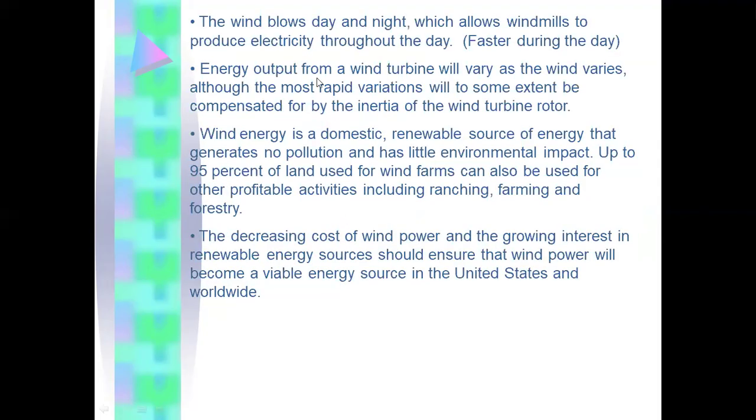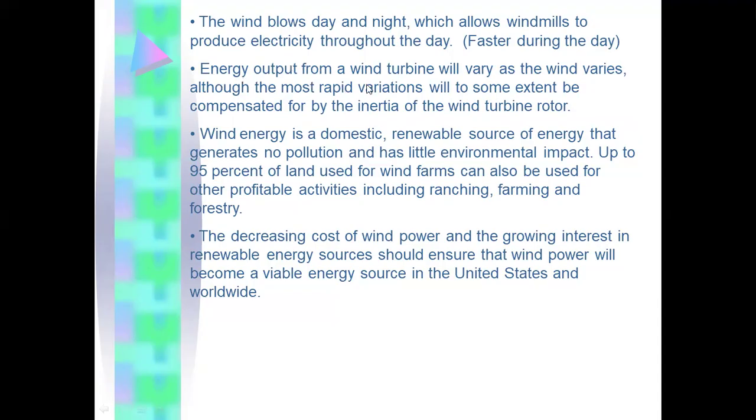The wind blows day and night, which allows windmills to produce electricity throughout the day. 24 hours we can generate electricity, but faster during the day. As the temperature difference increases during the daytime, more velocity exists in daytime and more energy can be produced.